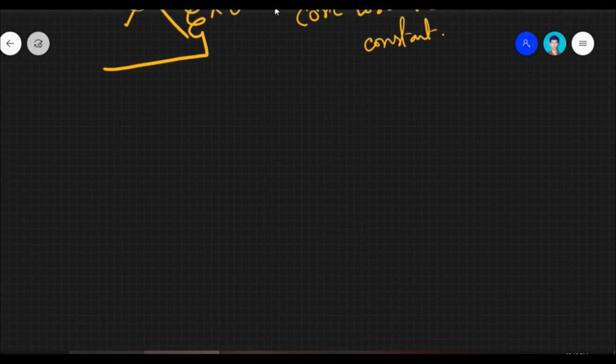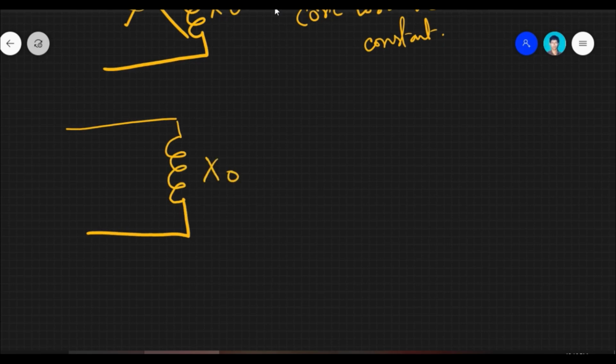So, changes that will take place. Previously, it was only X naught, and now here you have inserted one R naught, and here is your voltage.